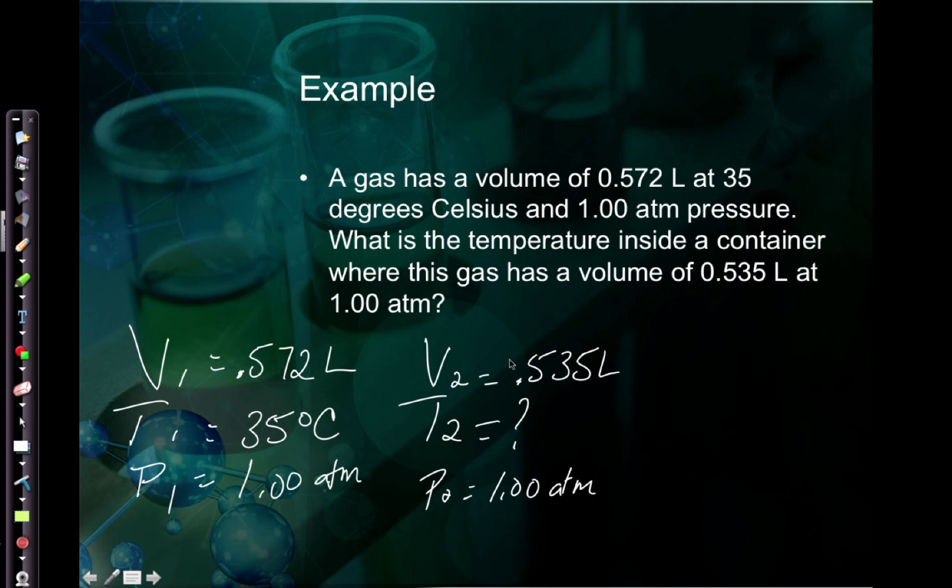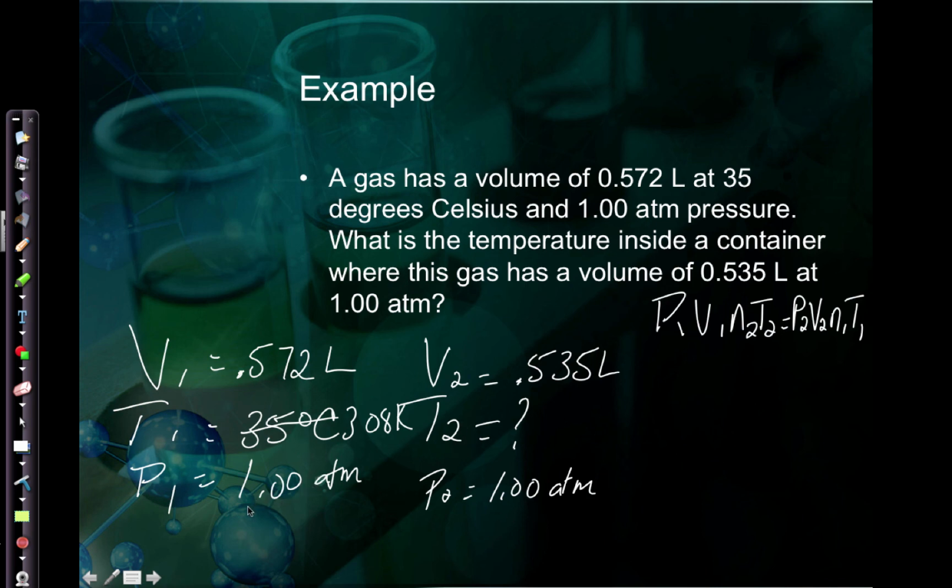All right, so I have a variable that's changing, so I know it's the combined gas law. Here's my equation. When I look at this, I know that I've got to convert this into Kelvin, so 35 plus 273 gives me 308 Kelvin.